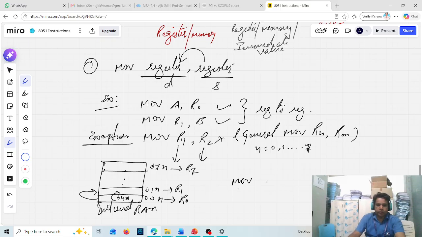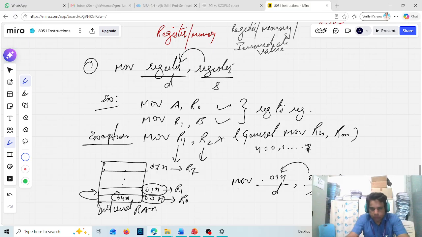That is MOV. Can you tell me what is source and destination? The source will be this address, and the destination will be this address. So you cannot write both source and destination as memory addresses. This is wrong. To transfer from one memory location to another, you have to do it in a different manner.